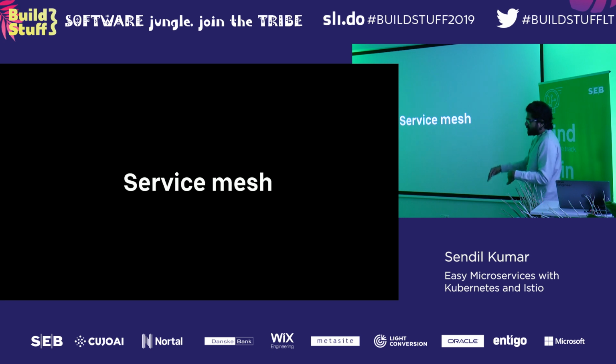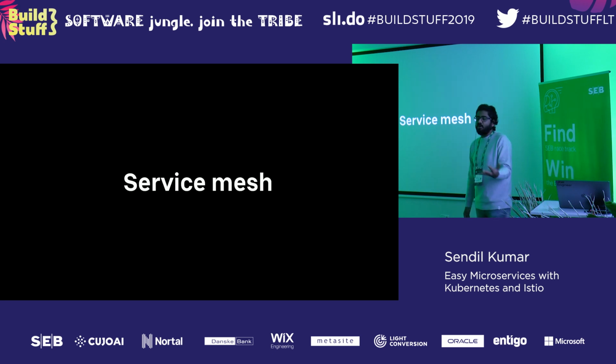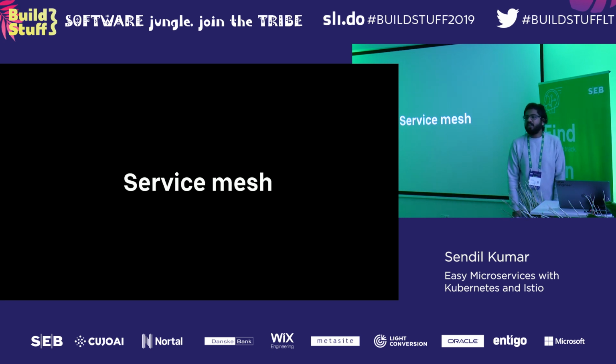So before we deep dive into what Istio is and how the components of Istio look, anybody here to take an answer for service mesh? Am I asking a lot of questions? Yes, please. Yeah, that's Istio, but what is a service mesh? In plain English, if you want.